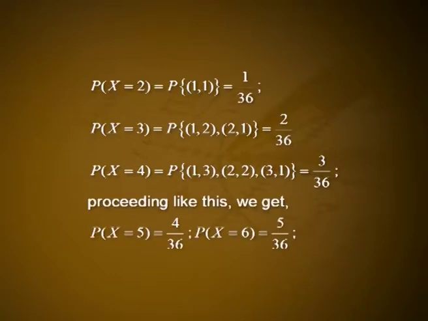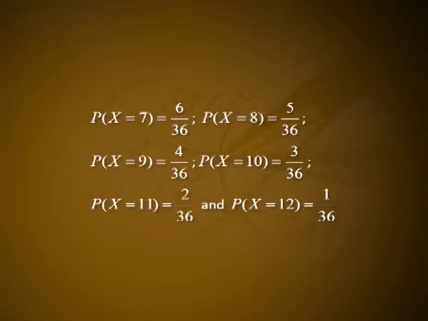Proceeding like this, we get P of X equal to 5 equal to 4 by 36, P of X equal to 6 equal to 5 by 36, P of X equal to 7 equal to 6 by 36, P of X equal to 8 equal to 5 by 36, P of X equal to 9, 4 by 36, P of X equal to 10 equal to 3 by 36, P of X equal to 11, 2 by 36, and P of X equal to 12 equal to 1 by 36.